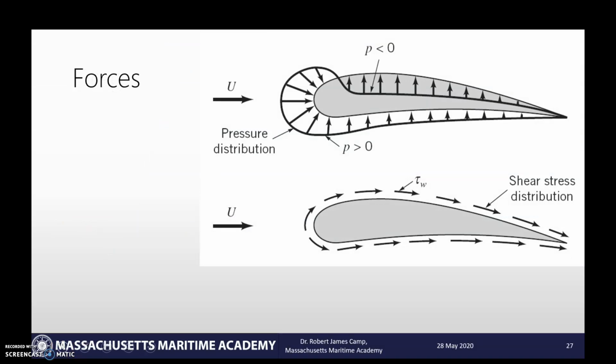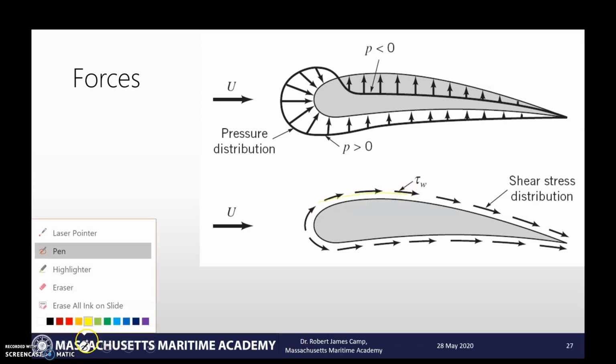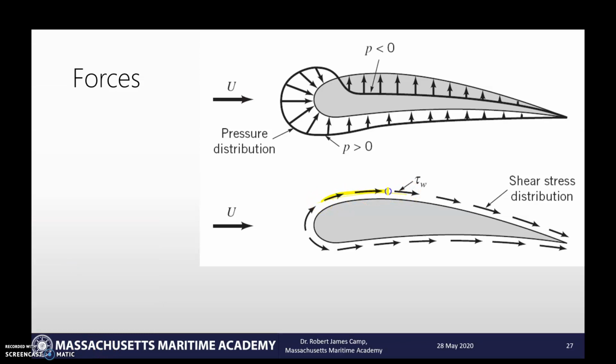So once again, here are our pressure and shear stress distributions that we made up our forces from. If I look at it, you can see that in the x direction, all these guys contribute to that drag force.